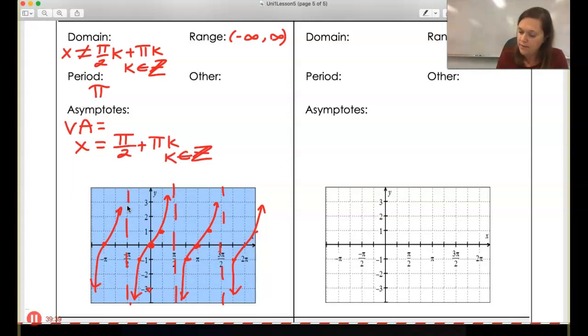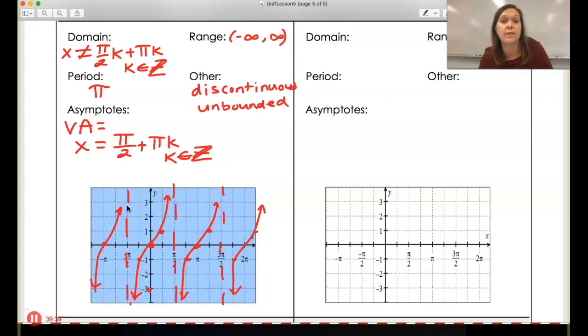Let's see, others. It is discontinuous. Unbounded. So we have infinite discontinuity, right? And this is odd within the period, right?